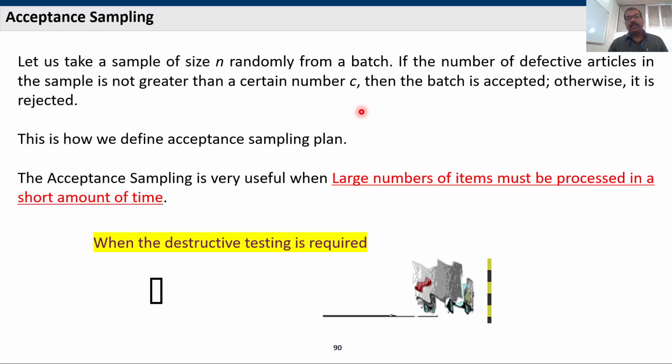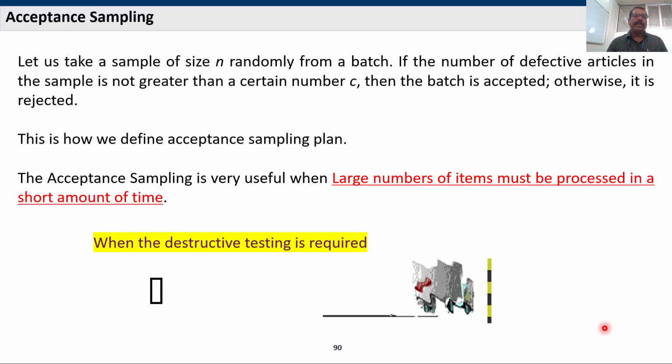sampling plan. And also, if a component or product needs destructive testing, like a crash test, an example is given in this animation. There's a vehicle crash test they will be doing. They can't do a crash test for each and every car produced from the automobile industry. It is not feasible.